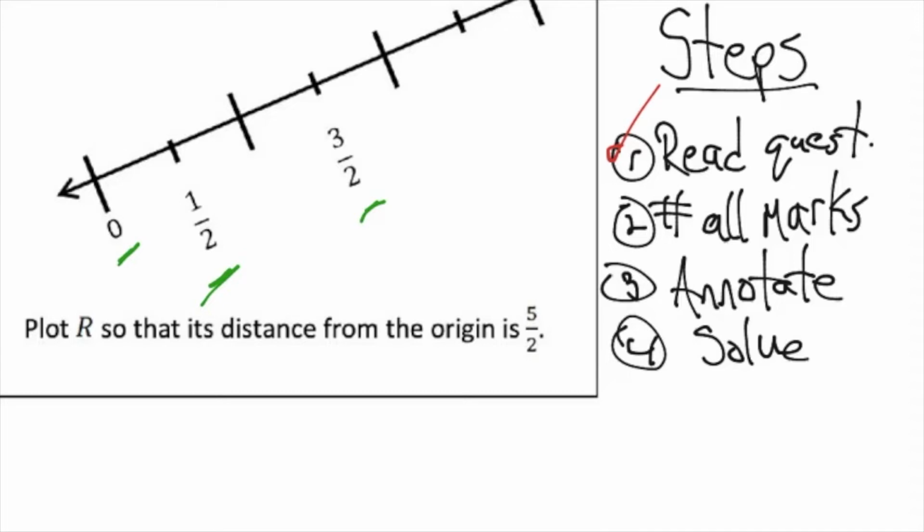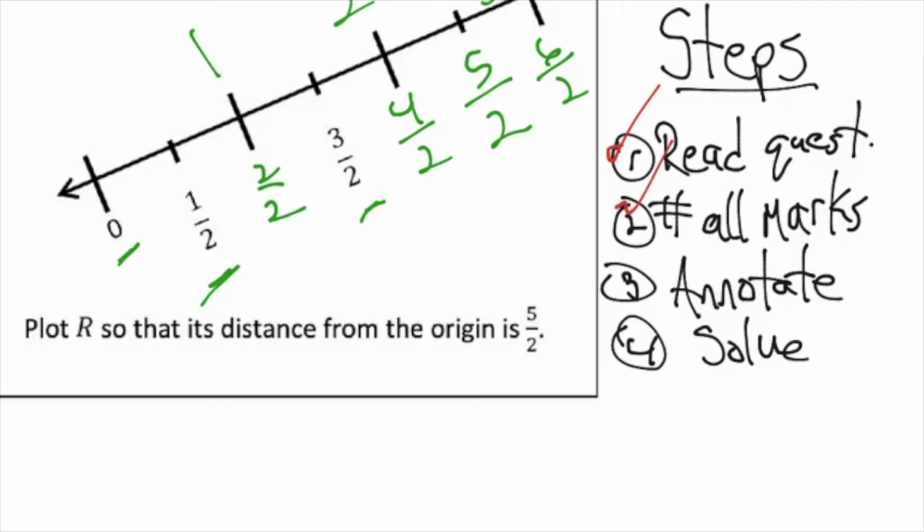So we have 1/2, 2/2, 3/2, 4/2, 5/2, and 6/2. Now, for fun, we know that 2/2, or 2 over the 2, is the same as 1. 4/2 is the same as 2, and 6/2 is the same as 3. I can squeeze that in there. Okay, so check for step 2.